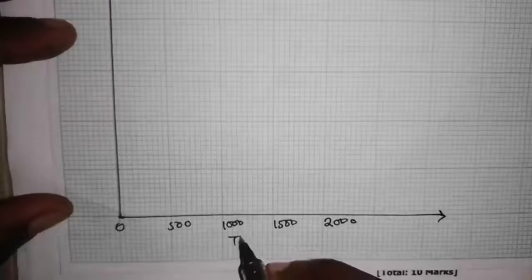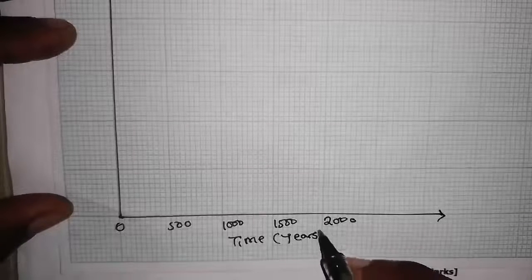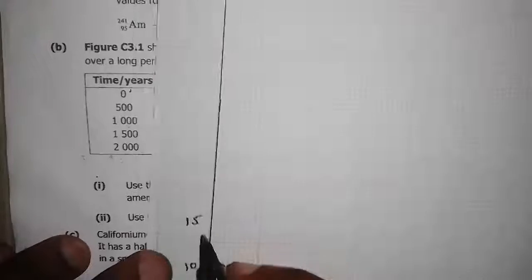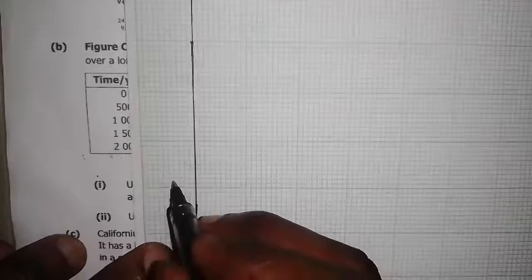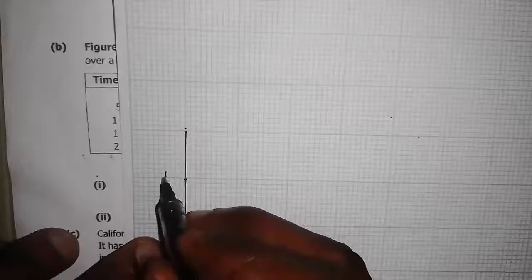The unit on the x-axis is time, and it is in years. Then on the y-axis is 5, 10, 15, 20, 25, 30, then 35, 40, then 45, then 50.